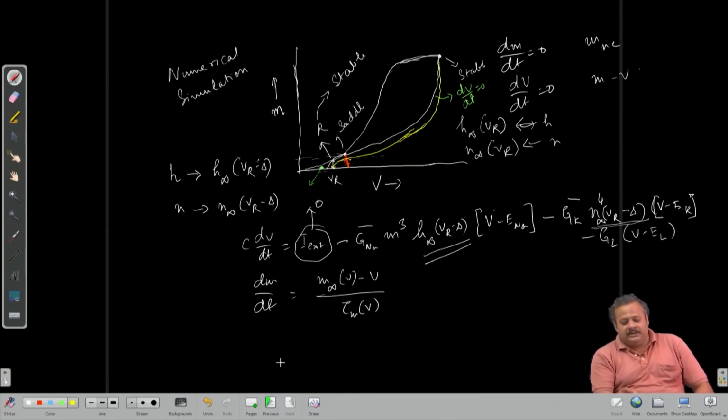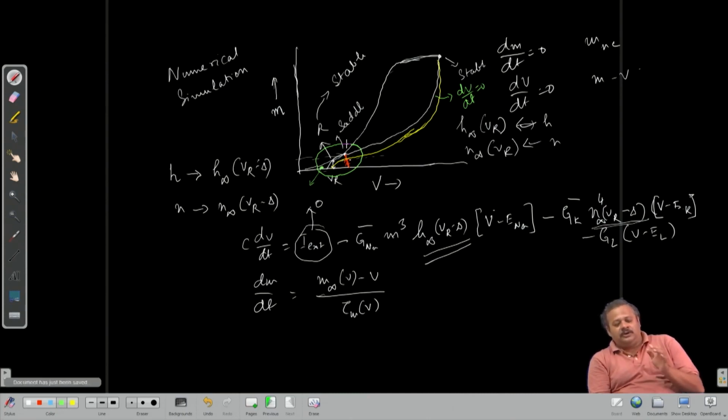Now there are no equilibrium points in this region. The two equilibrium points, the initial stable node, which was the resting membrane potential, and the saddle node, which provided the threshold because of the stable manifold, those two nodes are gone. We have the system starting at that green dot.